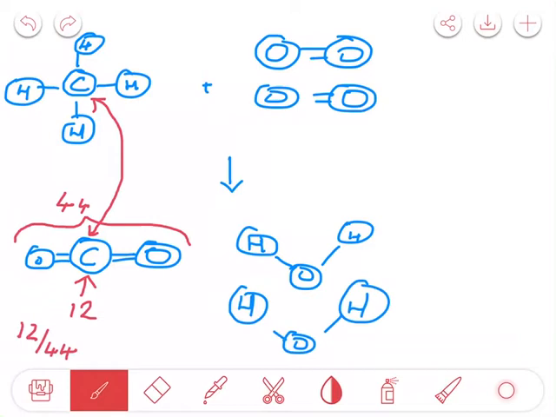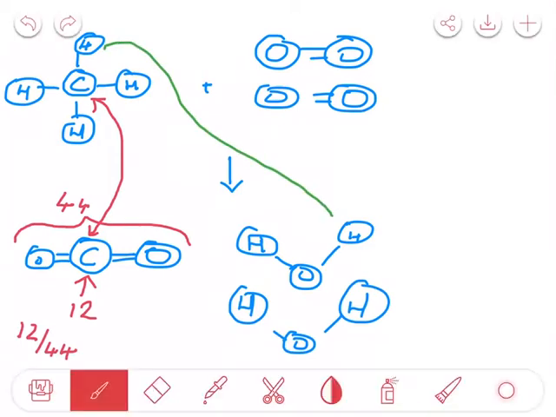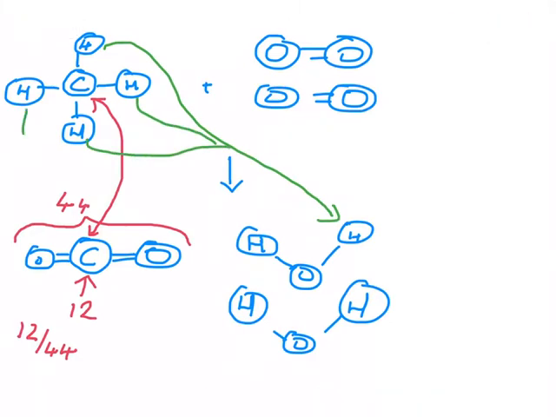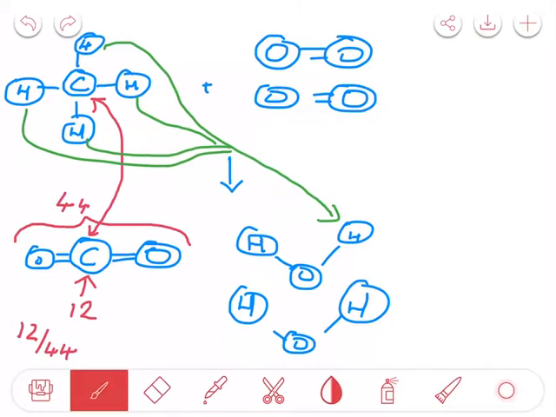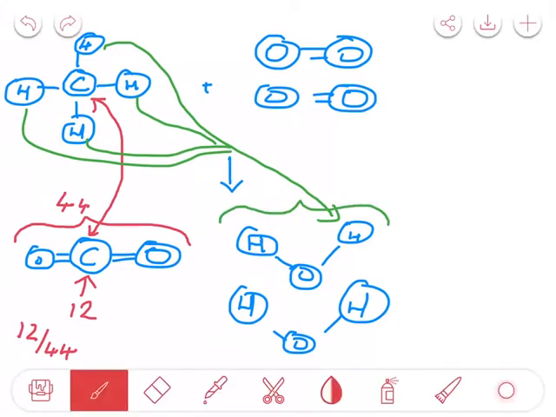The second thing that we need is the hydrogen. Again, if we just look at where the hydrogens have gone, all the hydrogens from here have ended up over there. So all the hydrogens that were in the hydrocarbon at the start have ended up as the hydrogens in the water, and we apply exactly the same principle. The mass of a water molecule is 18. That's 16 for oxygen plus 1 for each of the hydrogens.